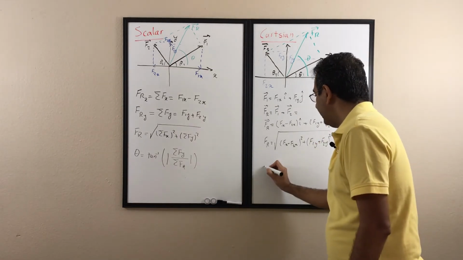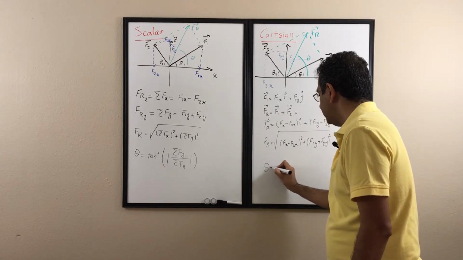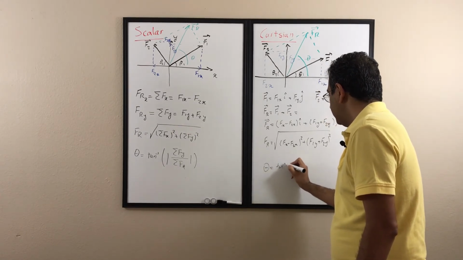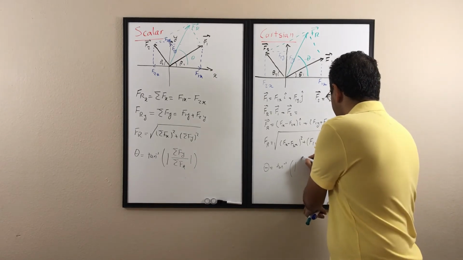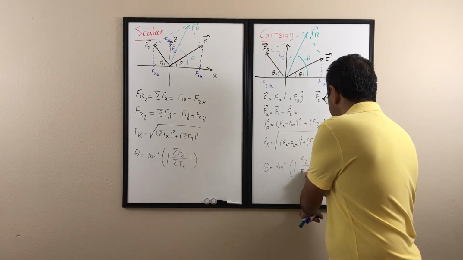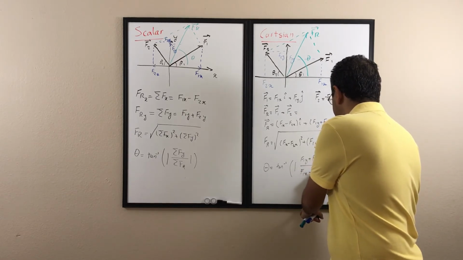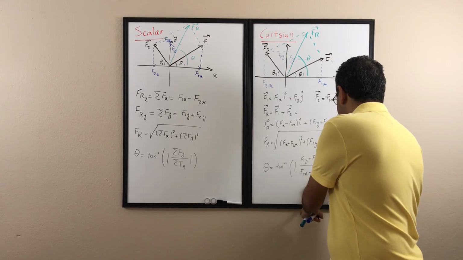And the same, if we need the angle, it's going to be tangent inverse of F1y plus F2y divided by F1x minus F2x.